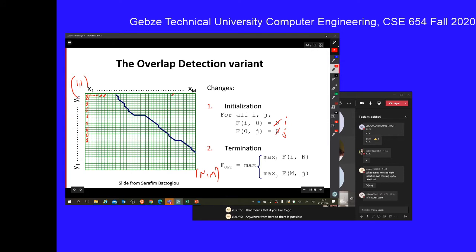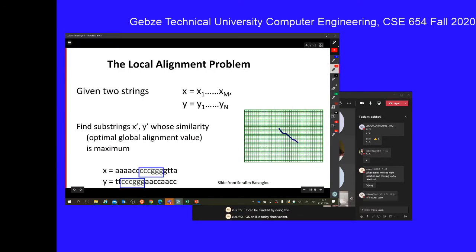So I can do from here to there, right? I can do that. So ignoring the beginnings and ends can be handled by doing this. Okay, overlap detection variant, like that. Anyway, I don't want to go too much into details.